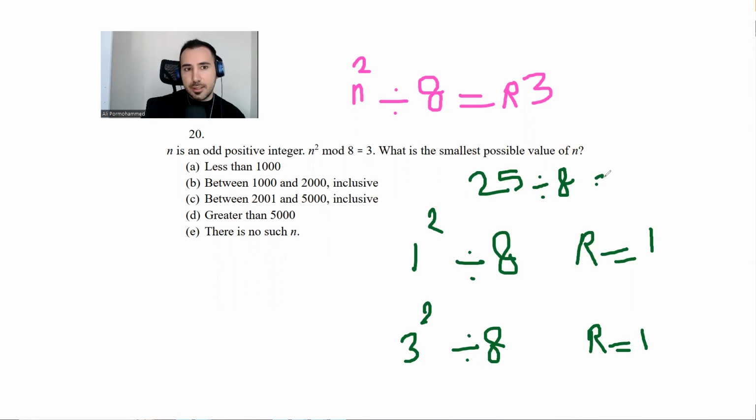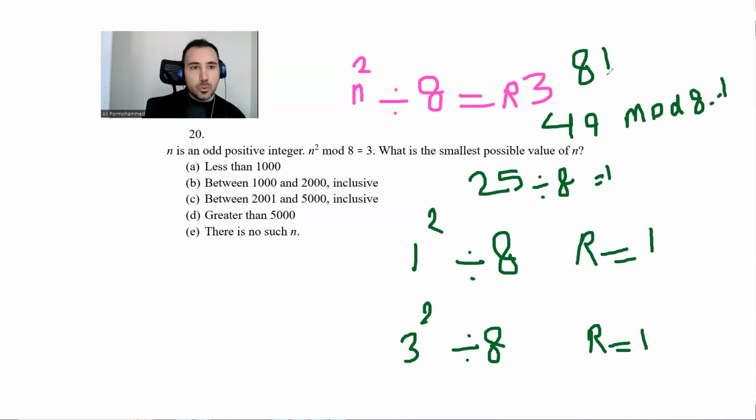The remainder is again 1. Okay, I think you know what I'm getting at. So 7 squared, 49 divided by 8. What would be the remainder? 49 mod 8. Again, the remainder is going to be 1, I think. So it's very clear. And then the next number is 81.